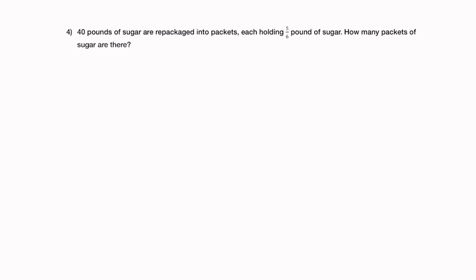Ready for the next? 40 pounds of sugar are repackaged into packets. 40 is repackaged, right? So of course 40 is getting divided, because this repackaging tells us that. Each holding 5 upon 6 pound of sugar. So what's the weight of each packet? 5 upon 6.